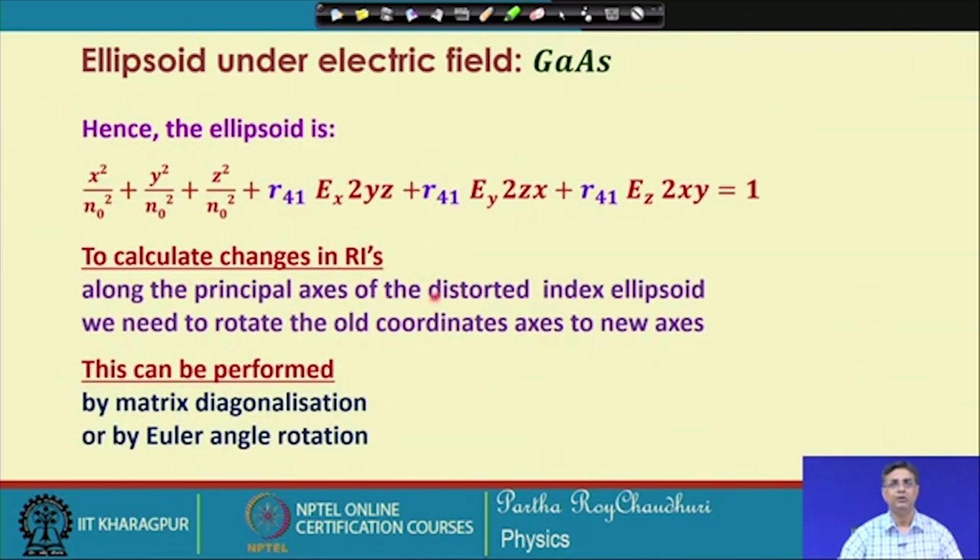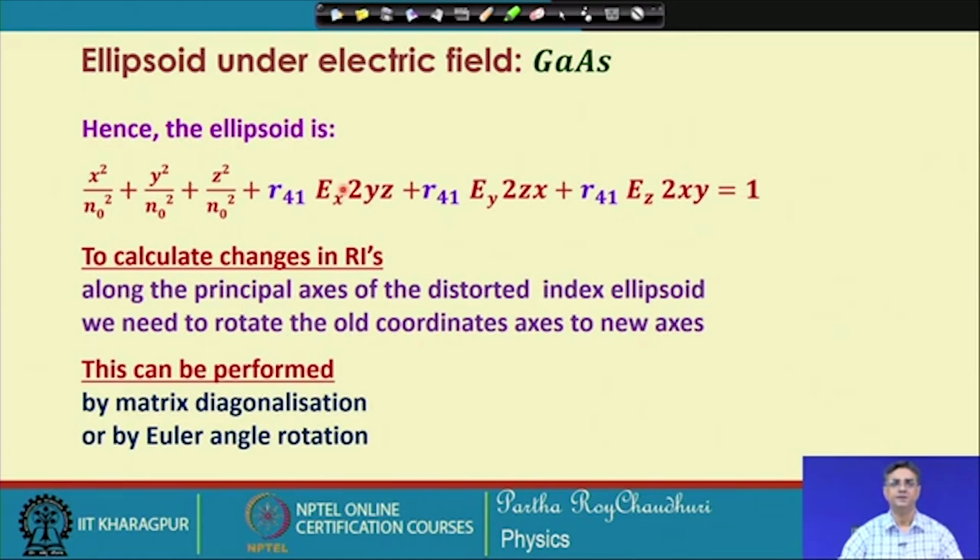Now, having known this equation, where you have the effect of E x, that is electric field along x, along y and along z, all the 3 components, that is in general when the electric field is acting on the crystal in a general direction, then all the terms will be there.